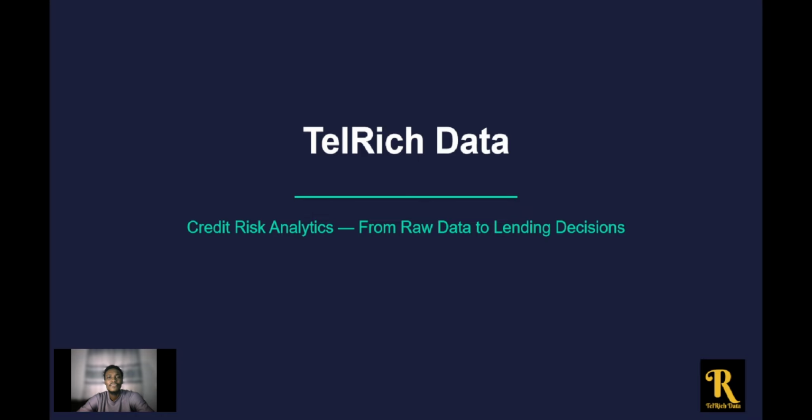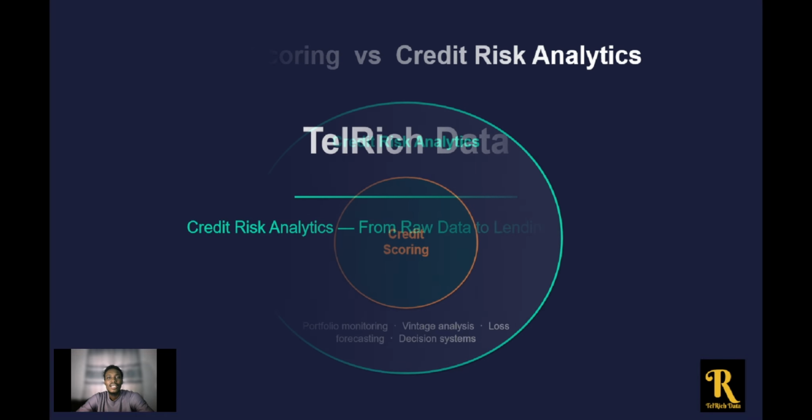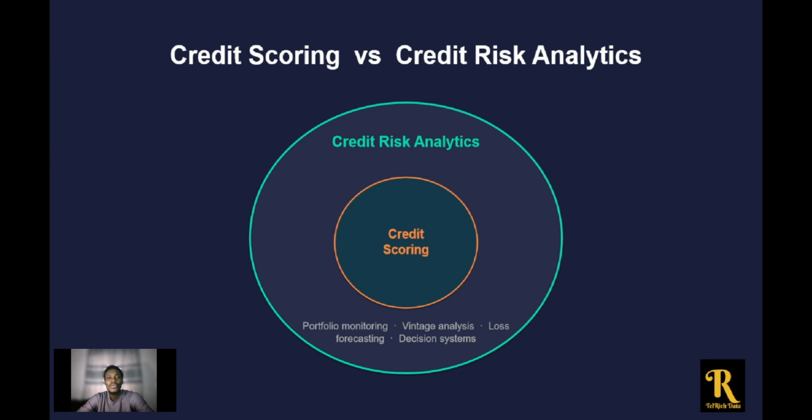So let me give you the real definition. Credit risk analytics is using data to answer one question, and that question is if we lend this person money, will the person pay it back? That's just the one question we are trying to answer with credit risk analytics. That sounds so simple, but it's not, because behind that question, there is an entire data operation going on.